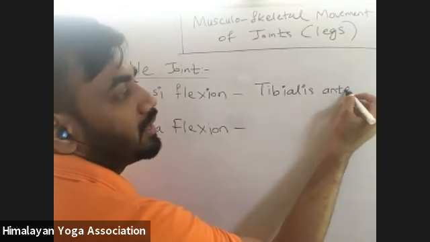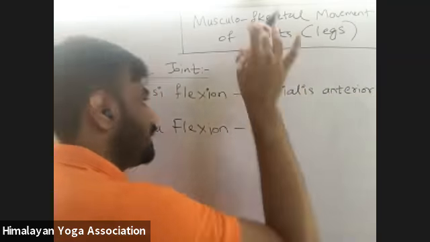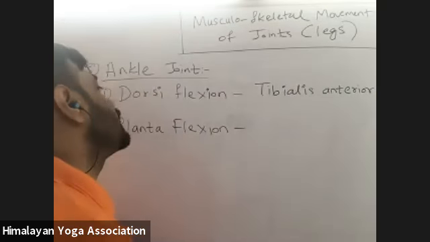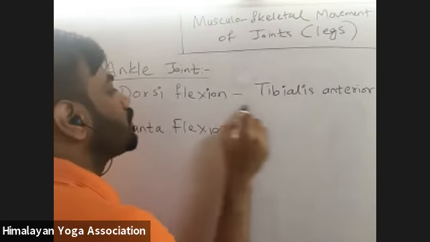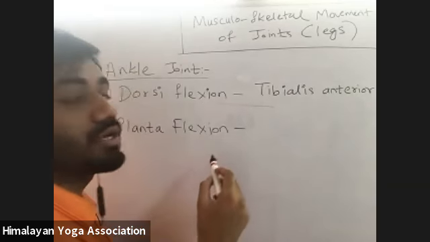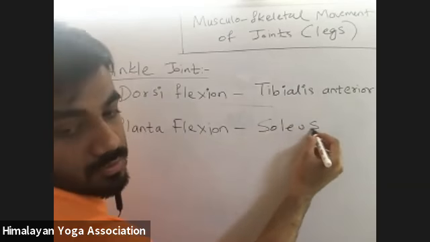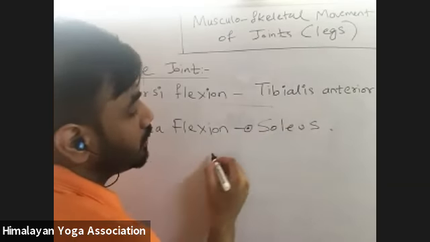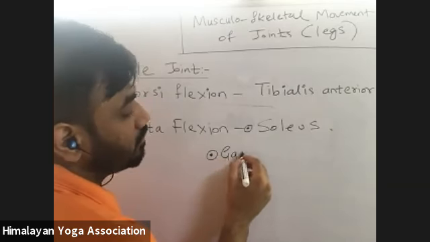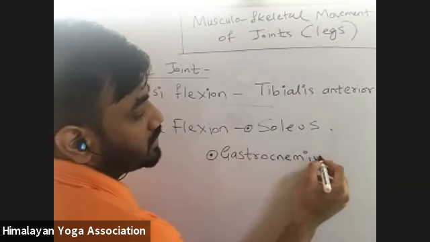On the tibial bone in the front, if you see, there is a tibialis anterior muscle drawn in our note that is helpful for the dorsiflexion. But in the plantar flexion movement, what muscle is responsible? We have the soleus muscle and gastrocnemius muscles on our calf. Did you find these muscles?